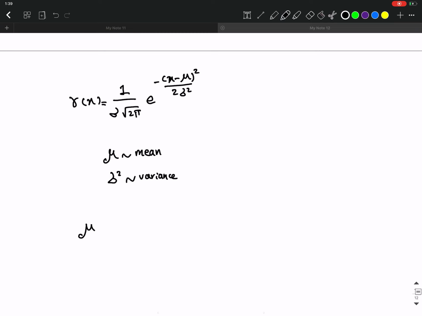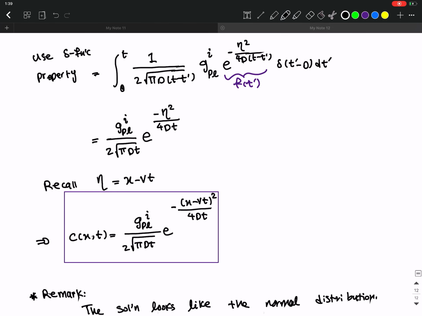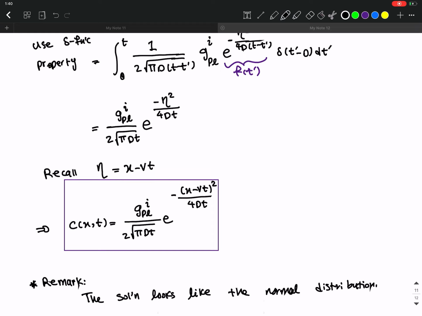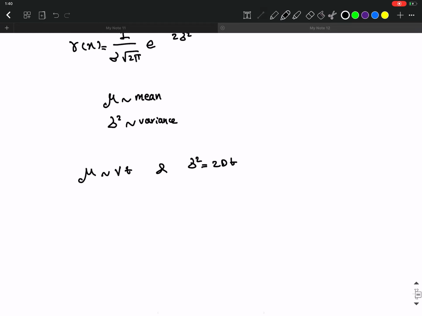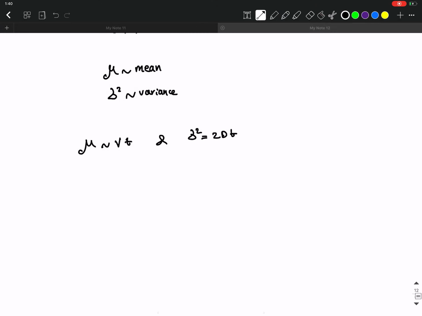So in our problem, mu is vt, and sigma square is 2 dt. So it means that the mean and the variance of the solution, the concentration, is going to increase in time, right? So let me just draw it so you have a better feeling of what this means.